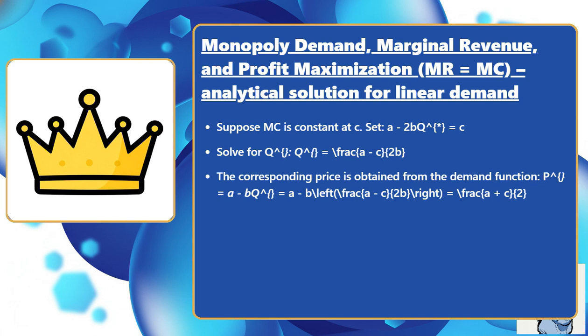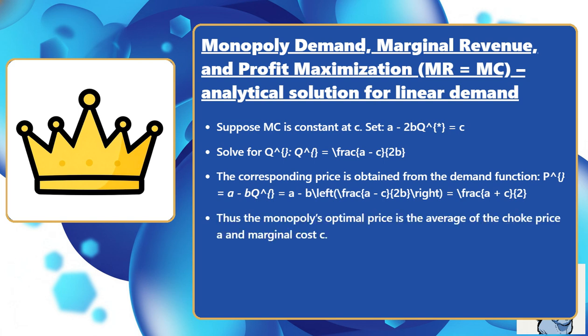P star equals a minus BQ star equals a minus B times (a minus C) divided by (2B), equals (a plus C) divided by 2. Thus the monopoly's optimal price is the average of the choke price and marginal cost C.